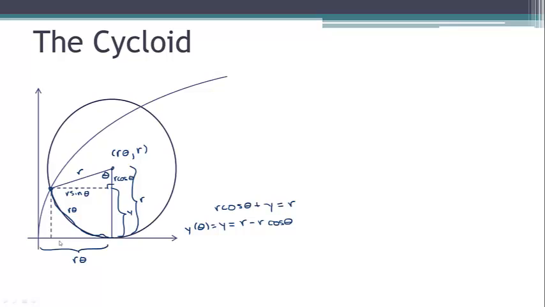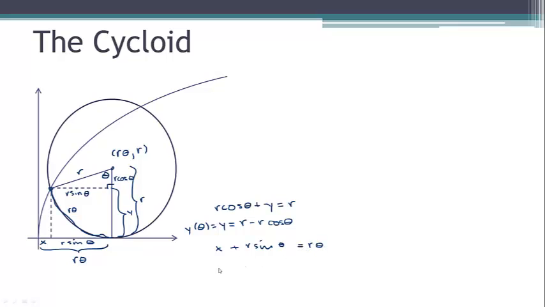All right, so here's what I'm going to do. This distance here is x. That's the distance that I'm trying to find. That's my coordinate. This distance here is the same as the distance I added to my triangle. This is also r sine theta. So I'm going to use the same logic. I'm going to say, look, x plus r sine theta equals r theta.